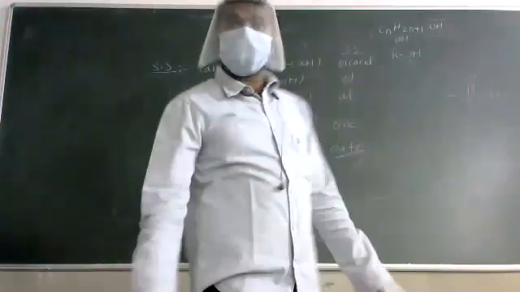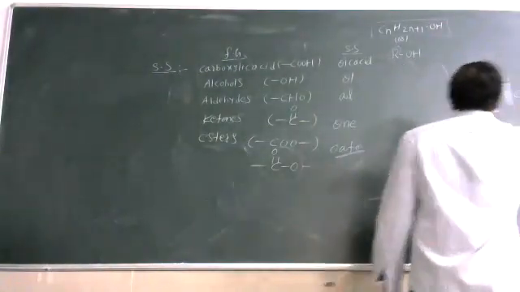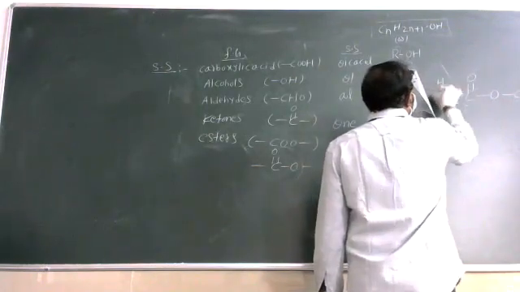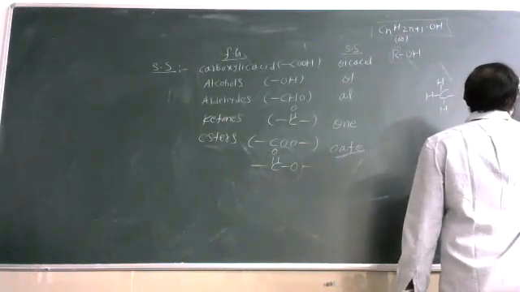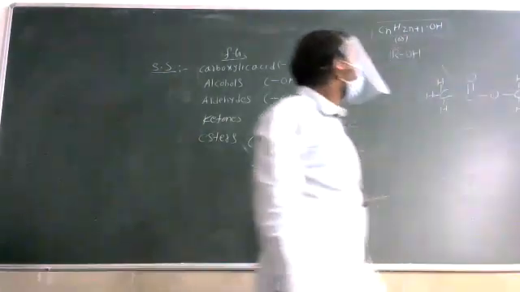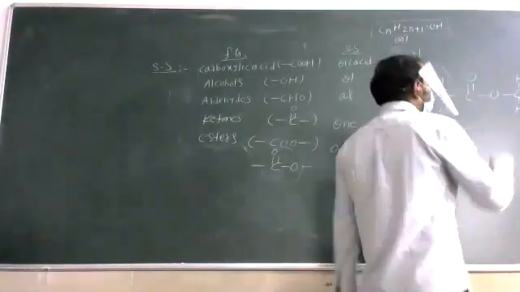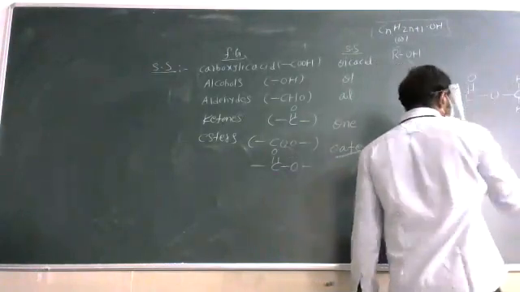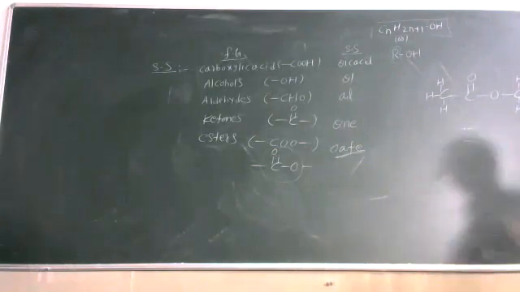Minimum one carbon is required, similar to a ketone. Now I have taken one carbon here: CH3, one carbon, CH3. Understood or not? Now see, immediately we can say the given organic compound is an ester.